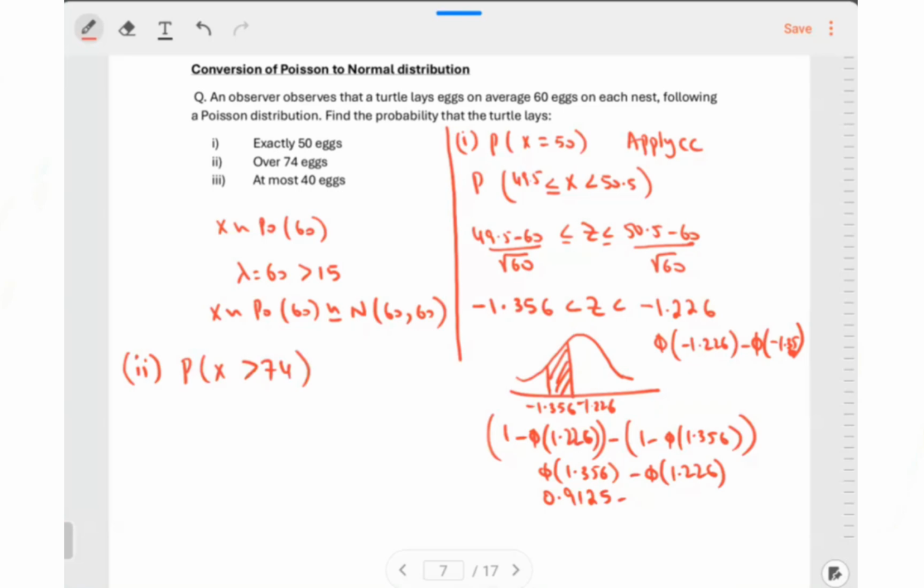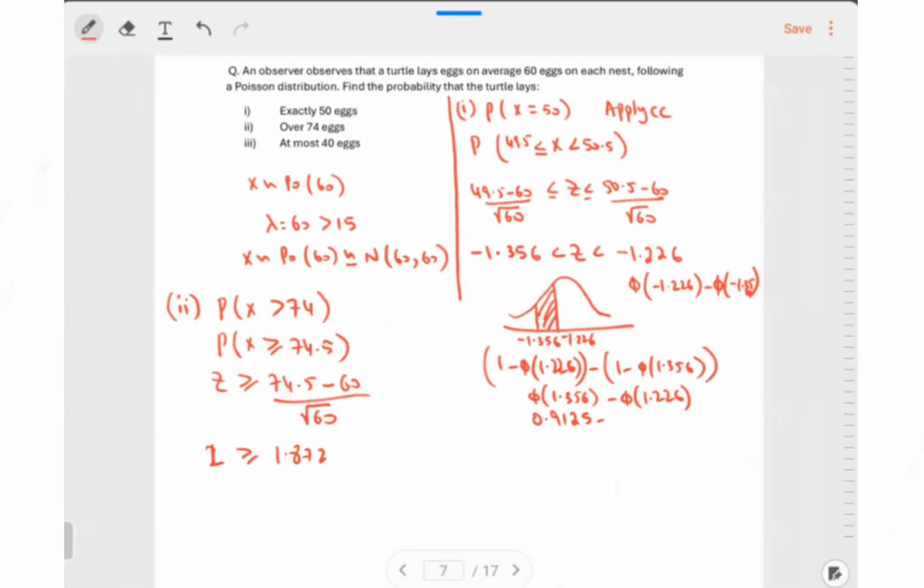अगर greater than 74 है तो मैं continuity correction लगा के greater or equal to 74.5 बनाऊंगा. Z is greater or equal to 74.5 minus 60 upon under root of 60. Z is greater or equals to 1.872.